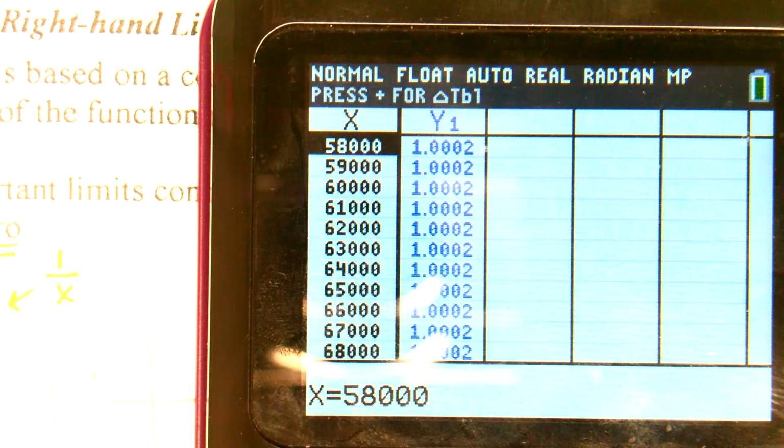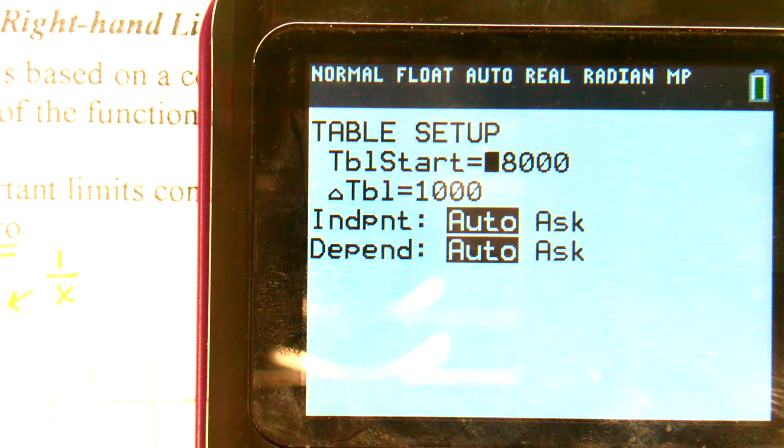And so where I started off is table set above window. So my table start, I'm going to put 0 because we want to know what is going on around 0, yes? Now, delta table, do I only want to see every 1,000? Not really. Less than one.